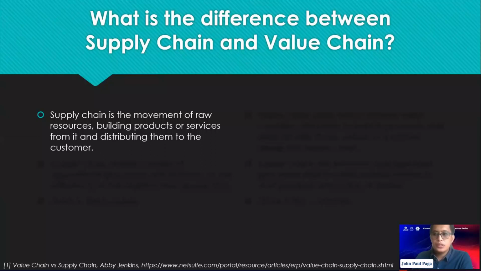When we talk about the supply chain, it deals with how we transport the raw materials, process them, and deliver the products to our customers. So the supply chain and the value chain are not contrary to each other.